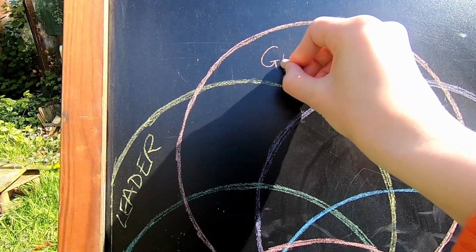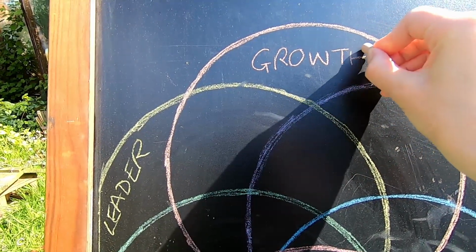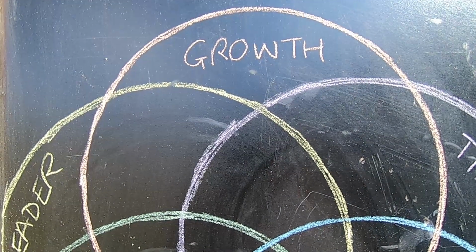Then there's what I call growth, which is Forest School supports holistic development, and it also promotes self-esteem, confidence, independence and resilience. So this is about recognising that being out here in nature can support the growth and development of all parts of a person.